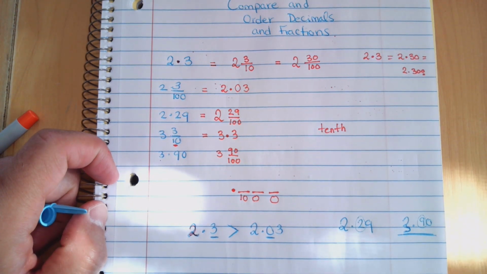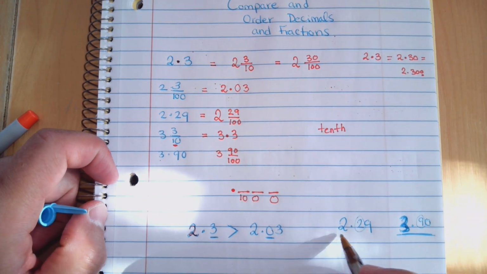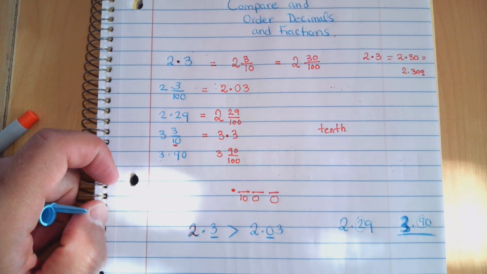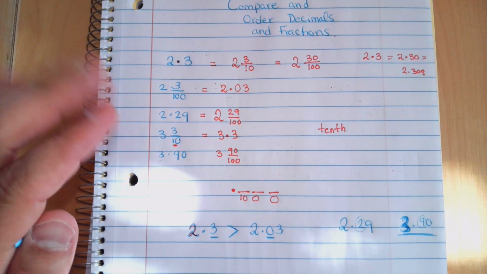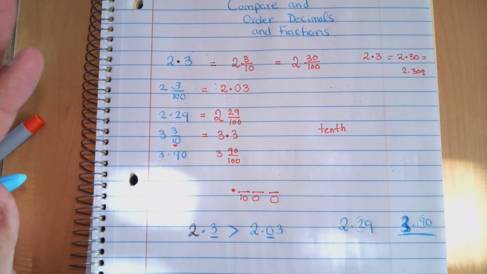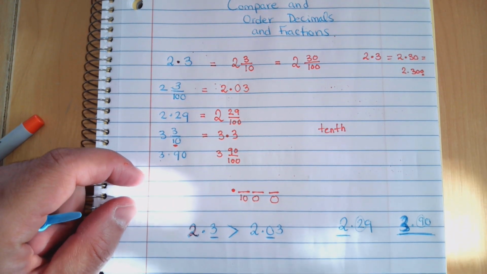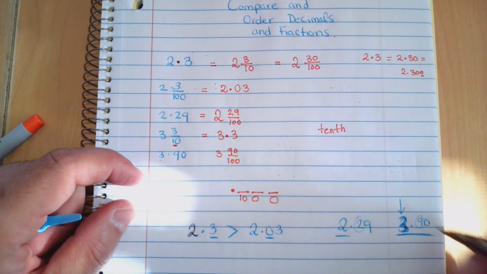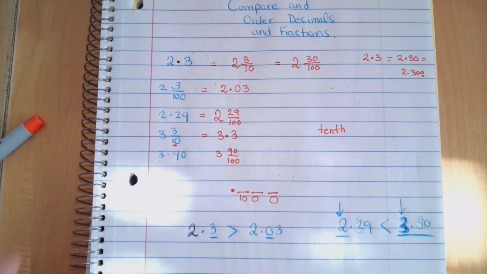In the whole number, we have 3 wholes and 2 wholes. So don't just start with the decimals and the place value in the decimals, fourth graders. You have to look at the whole number and go to the biggest place value, which is the ones. So this one has more ones than this one, which makes it a bigger number.